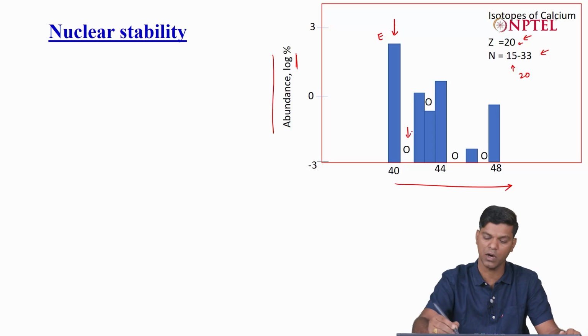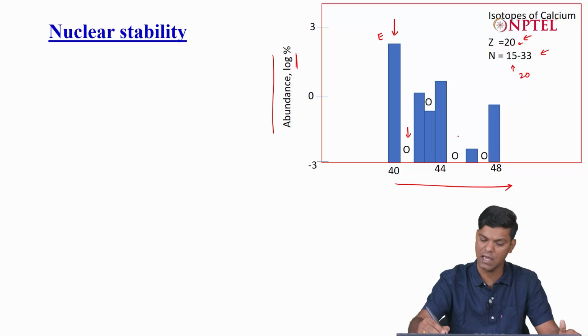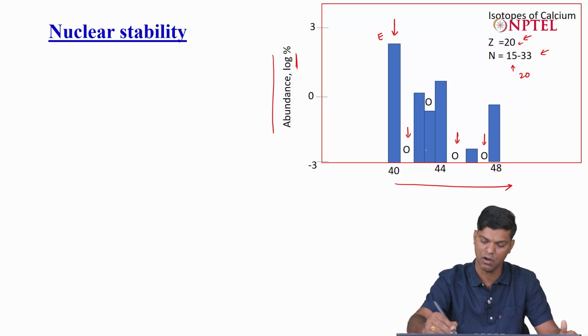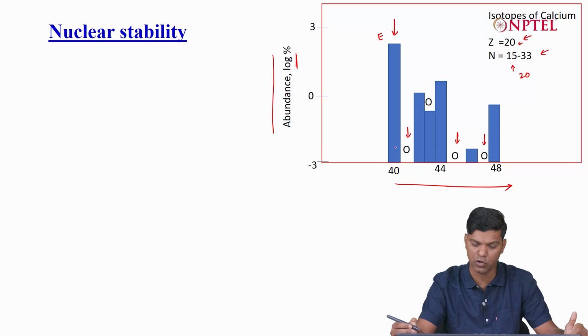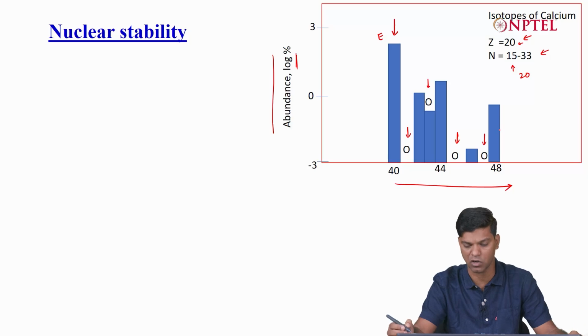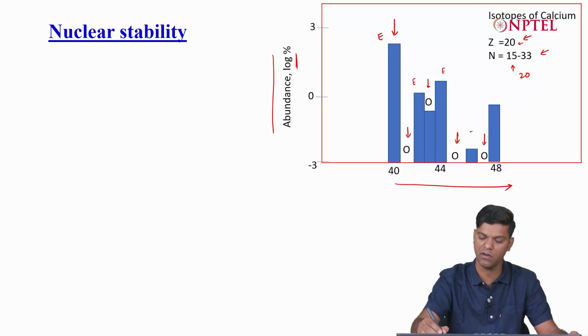Then comes 41, where you do not have any stable isotope of calcium, because they have an odd number of neutrons. You do see that whenever there is an odd number of neutrons, the abundance is either less or they are not stable at all. Whereas whenever there is an even number of neutrons, they are stable.